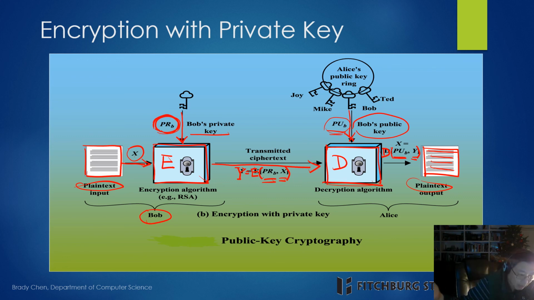Everyone can do the same thing, because if, for example, Kathy finds this ciphertext, then Kathy can grab Bob's public key, decrypt the message, and get Bob's message.